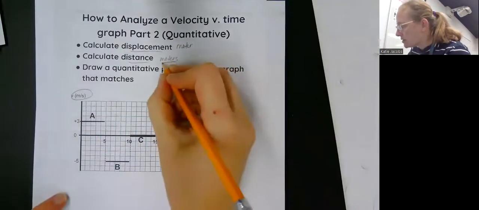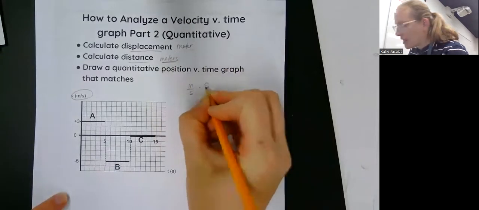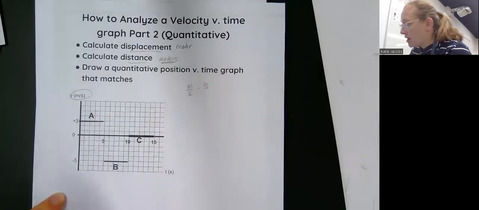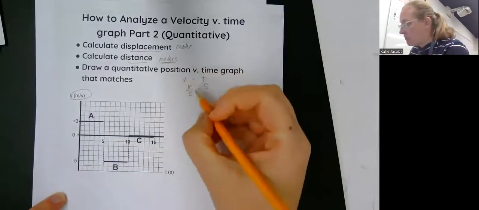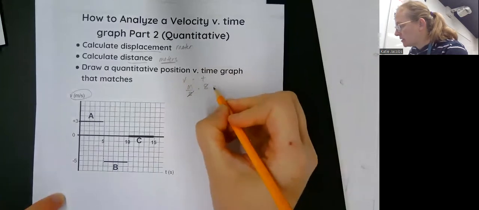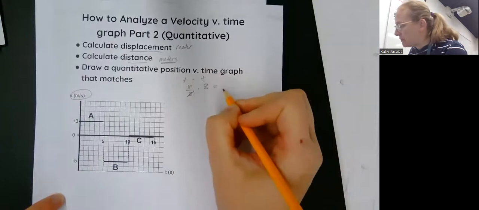If I want to get meters, I need to take meters per second times seconds, a velocity times a time. Because then seconds cancels out, since one was in the numerator and one was in the denominator, and I'm left with meters.